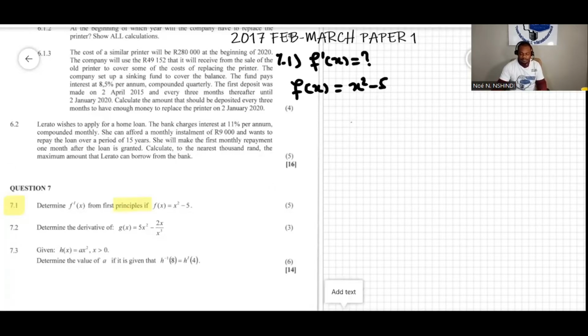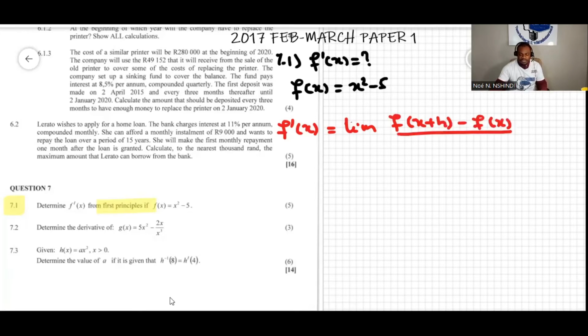So the first principle implies that we're going to use this formula, okay? The derivative of the function will be equal to the limit of f of x plus h minus f of x, all over h, as h approaches 0.